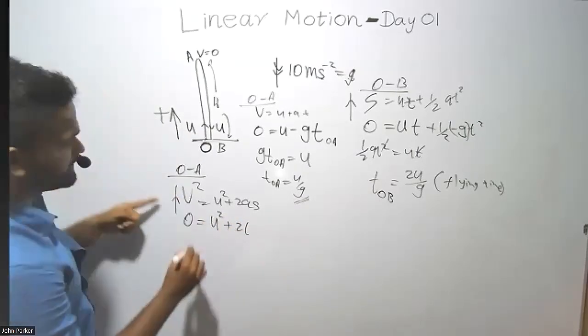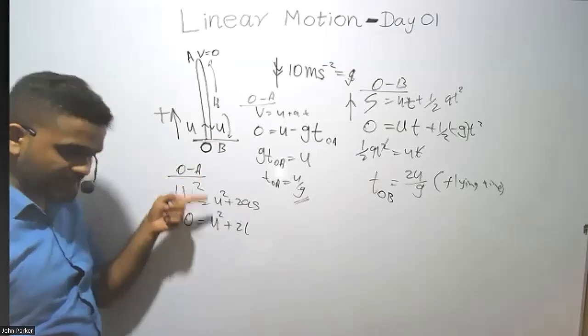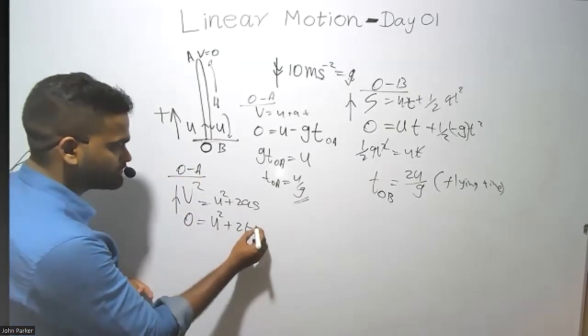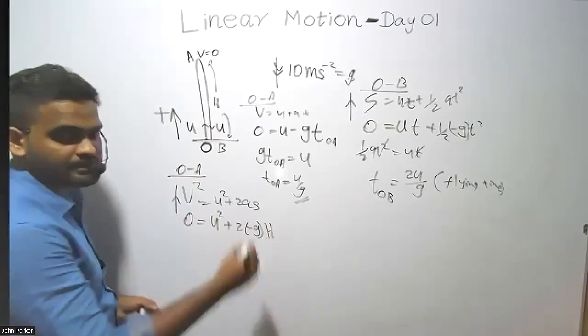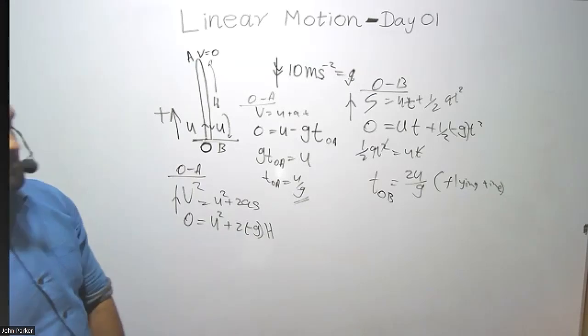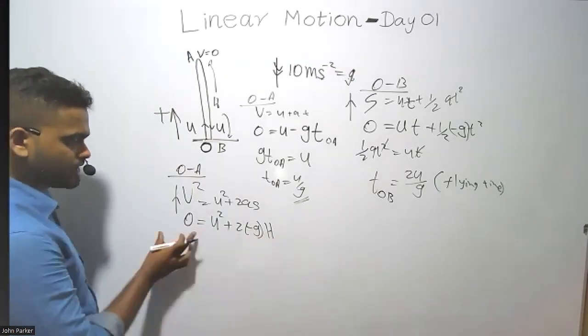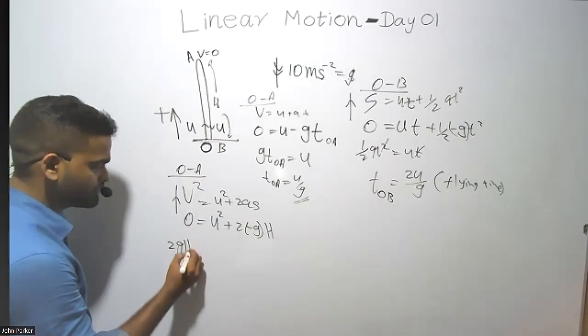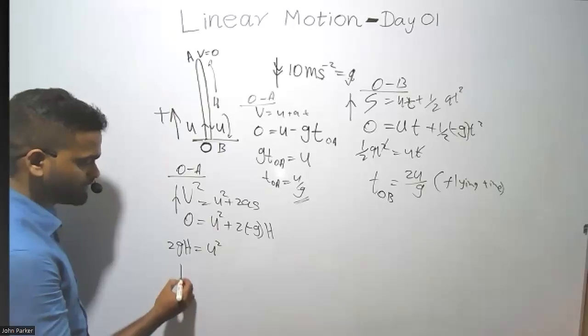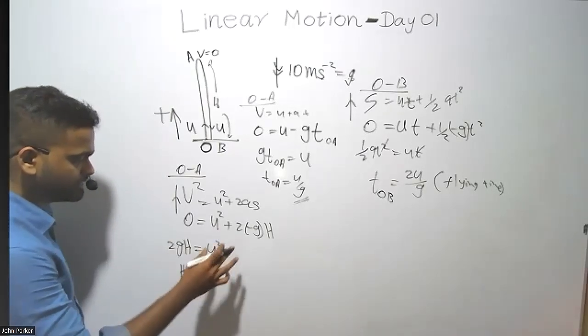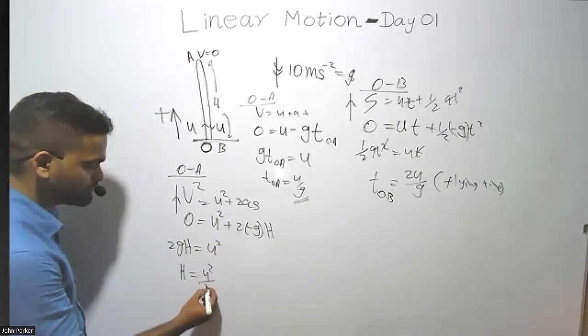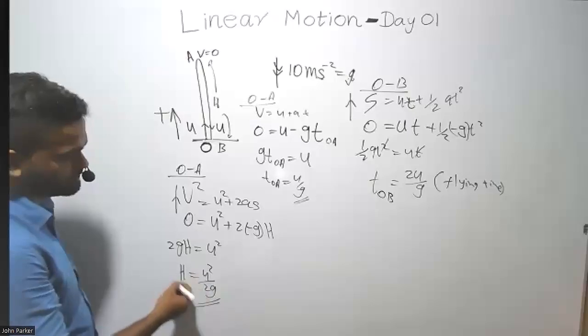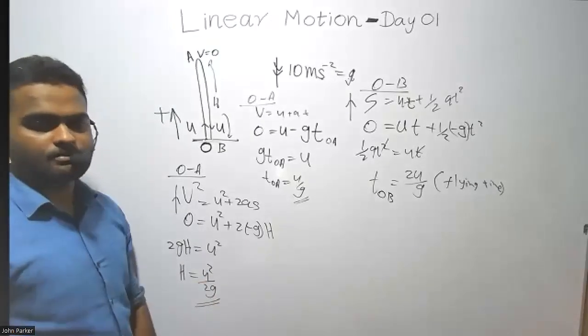Again I'm applying the equation upwards, acceleration downwards, right? So it is minus g, height is capital H. Take this negative term to the other side, becomes positive, equals u squared. Then H is equal to u squared divided by 2g. So this is the expression for maximum height.